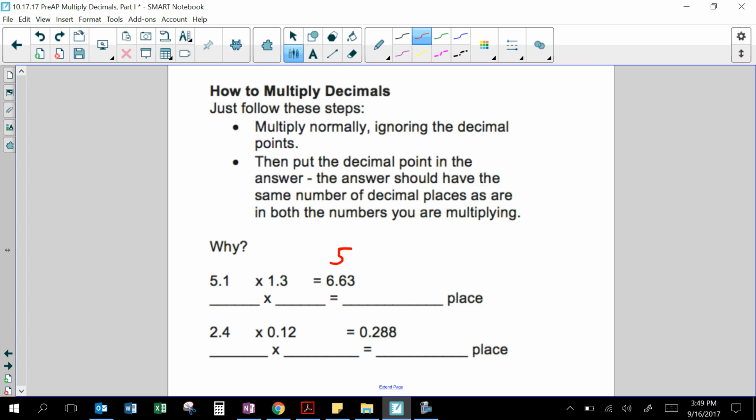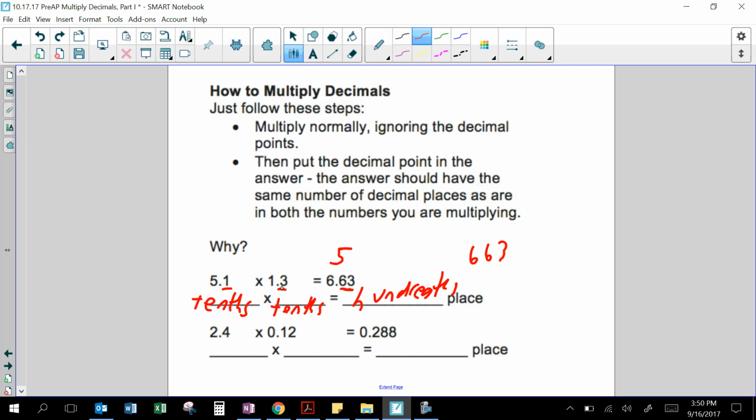What place value is the 1 in? It is in the tenths place. What place value is the 3 in? It is in the tenths place. So if you're finding tenths times tenths, that would be the hundredths place. Is this 63 in the hundredths place? It is, because 51 times 13 is 663.